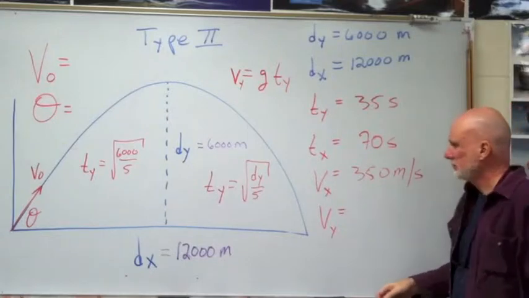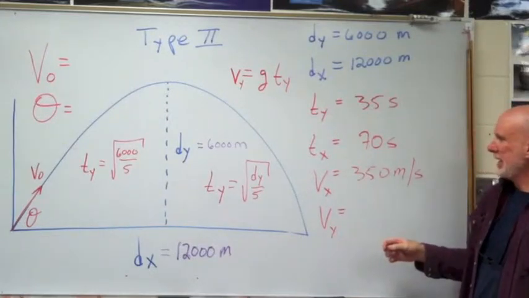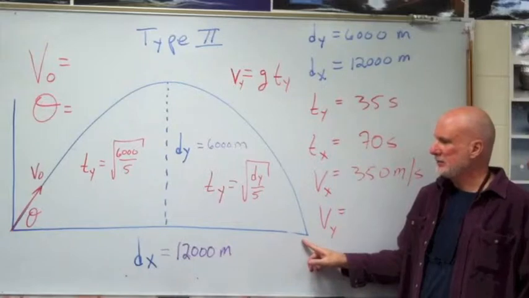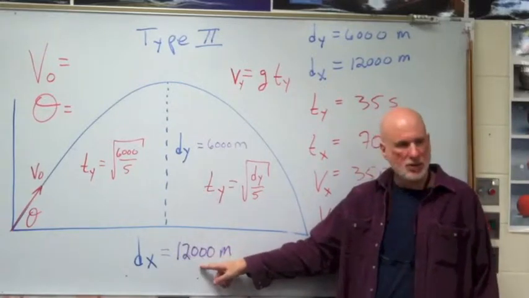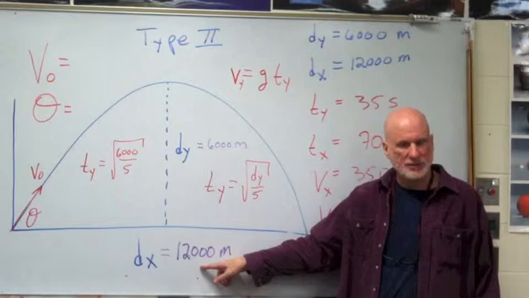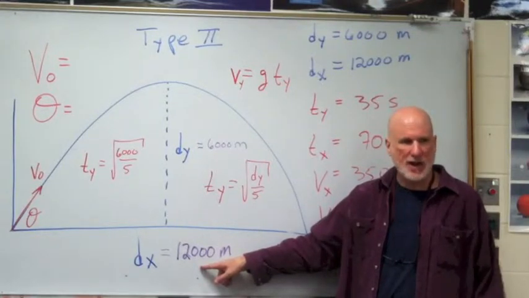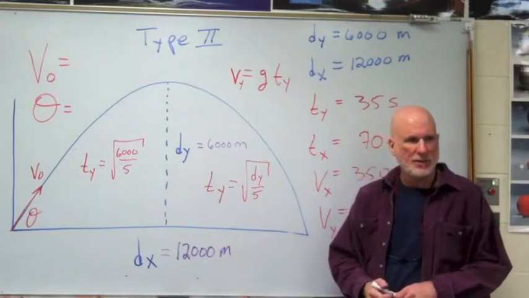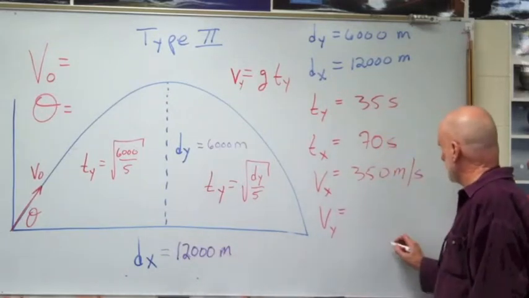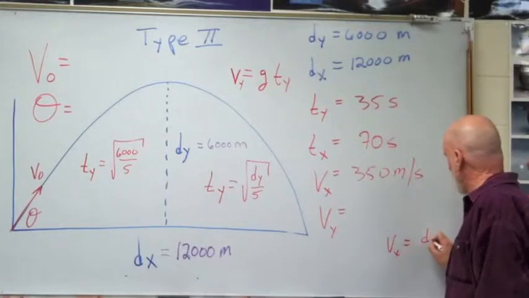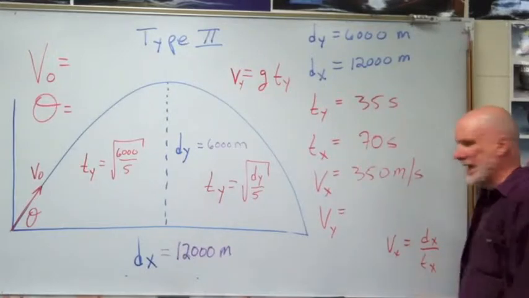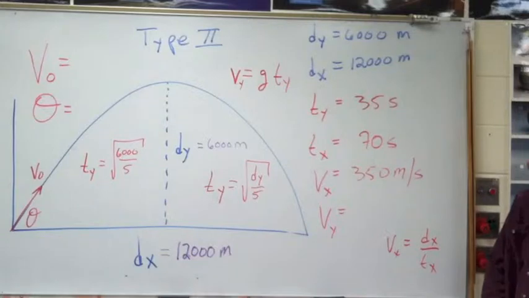Now, if it takes 70 seconds to get to here, and I went 12,000 meters, what equation would allow me to find the velocity for the x direction? Vx equals dx over tx. Mr. Dorsey, you put 350 on the Vx, not Vy.